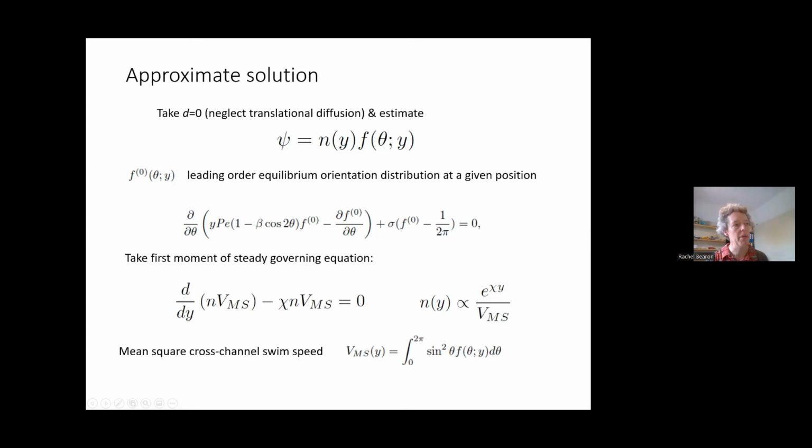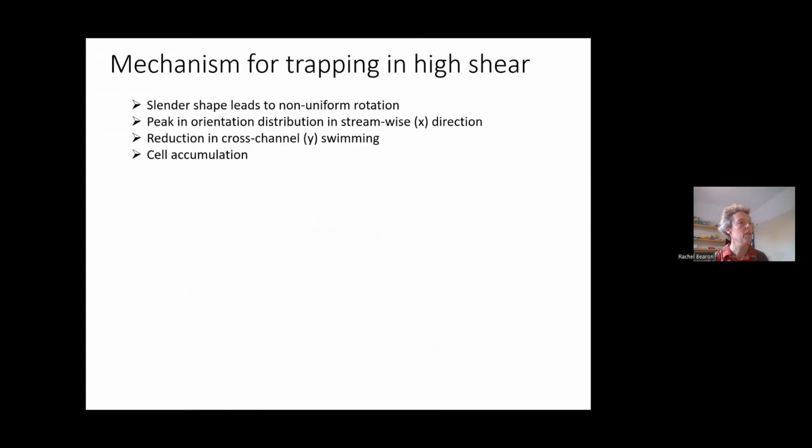So this is a little bit of a hand-wavy asymptotic approximation, which worked quite well for fitting the data and had a reasonable interpretation that you get accumulation where your cross-channel swimming speed is low. So we were reasonably happy with that.